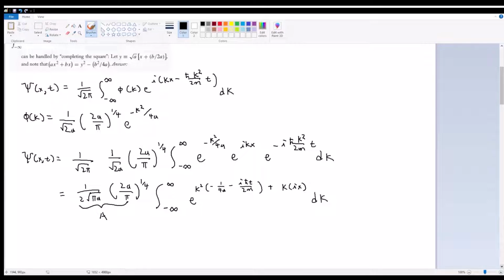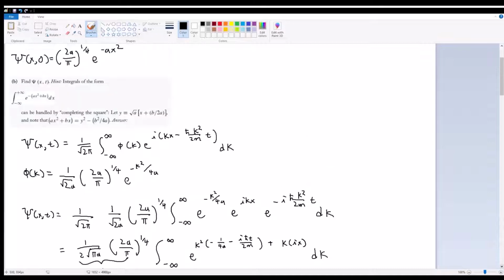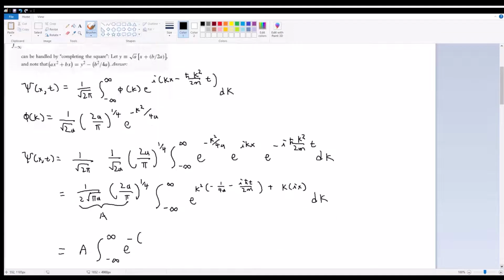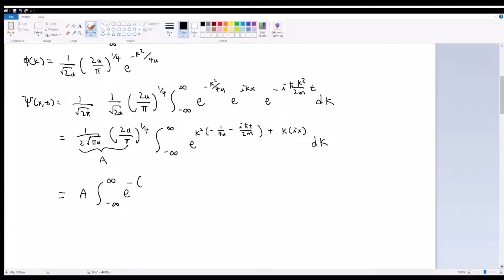So we can massage this a little bit more, because remember, we're trying to get a negative out at the front. So this can be rewritten, and I'm just going to write a as our constant from now on, from negative infinity to positive infinity, e to the negative of, let's see, what is this going to give us? If we take out a negative, it might be better to write in square brackets.